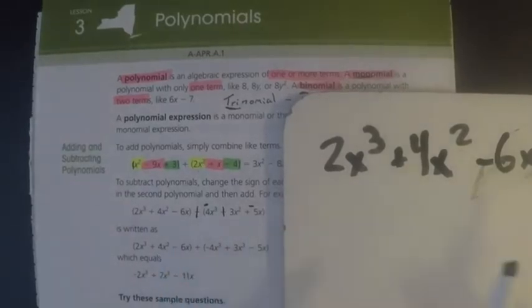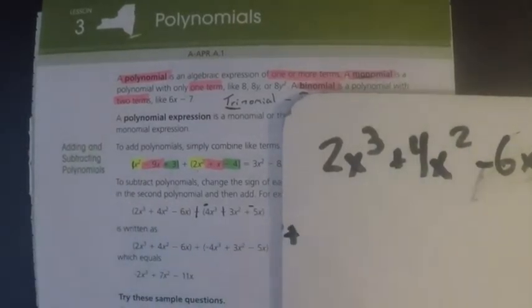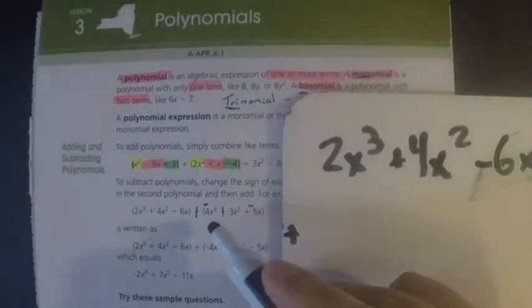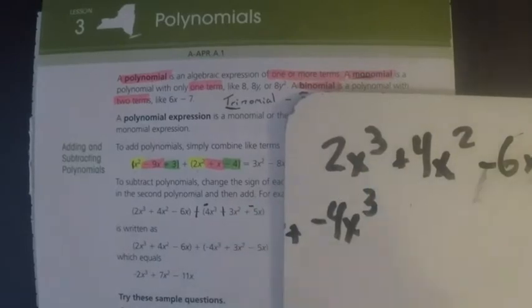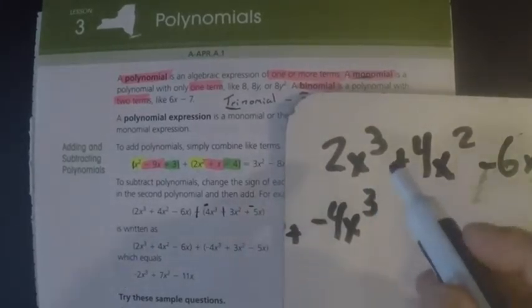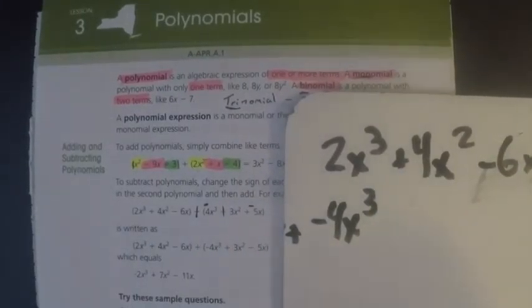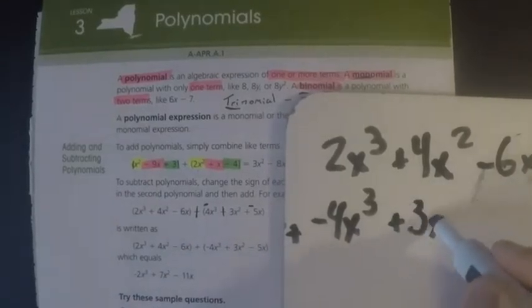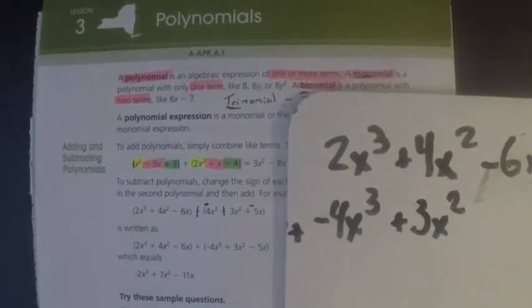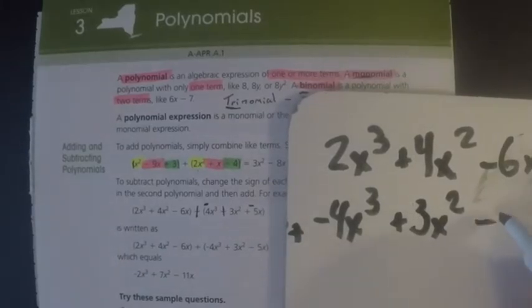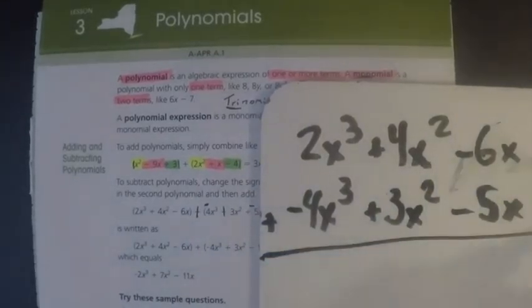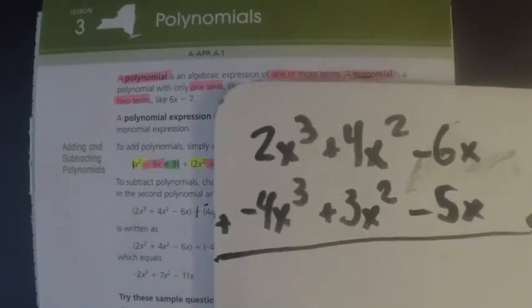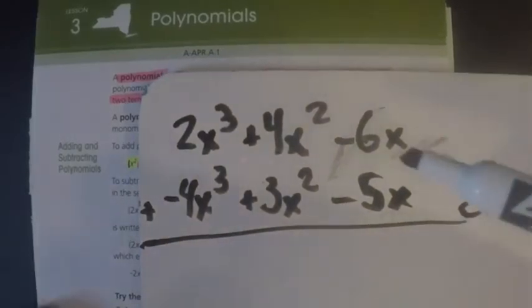And then, since we changed it to addition, we're going to be adding to it. Then we put in our opposite numbers here. So negative 4x to the third matches up with the x to the third above it because they have the same exponent, so we can combine them. Then we keep going here, plus 3x squared. Again, these are like terms because they have the same exponent. And then finally, negative 5x.